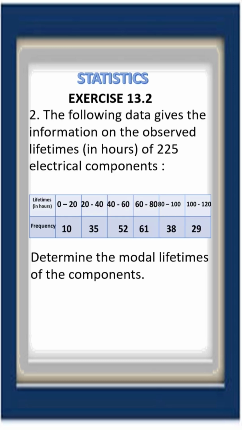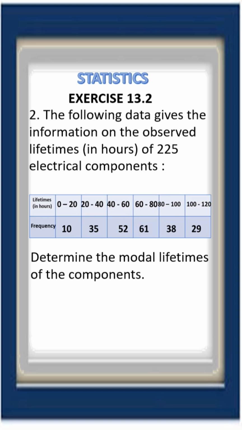Now let us solve the second question. The following data gives the information on observed lifetimes in hours of 225 electrical components. The data is given. Now determine the modal lifetime of the components.